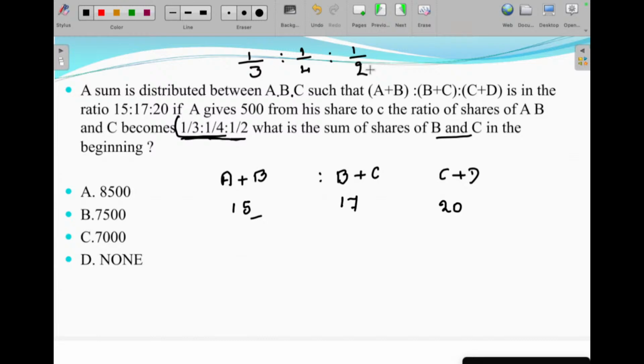Do it and tell. How to solve that? How to do it? LCM. Yes, you have to do LCM and you try.